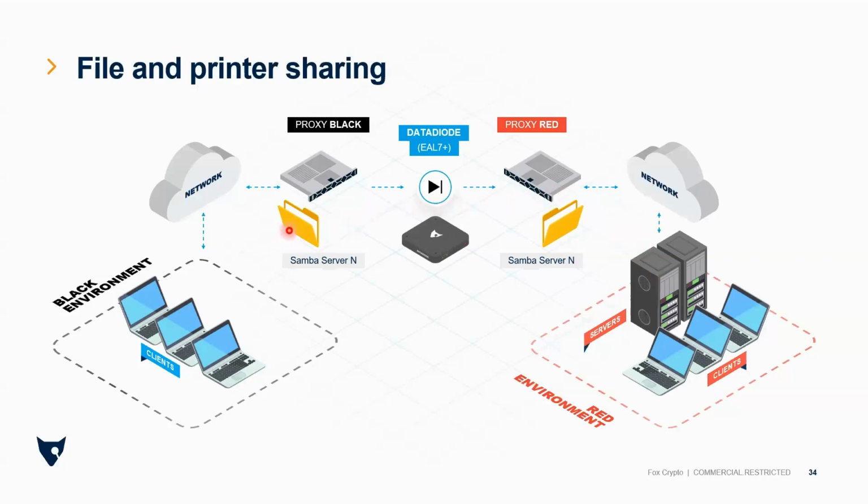That can be a Samba share, an NFS share, it can be on a proxy share, it can be on an external server where the share is. The DataDiode will pick up the information, send it across, and make it available either here on the proxy or on other servers. Again, via this approach, you can share information and hackers will not get access to it. You can guarantee 100% that the confidentiality of all the information here remains.